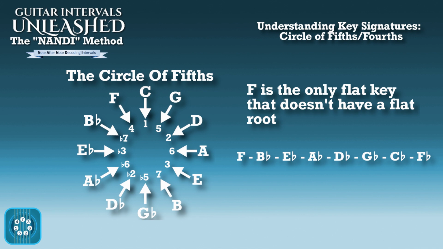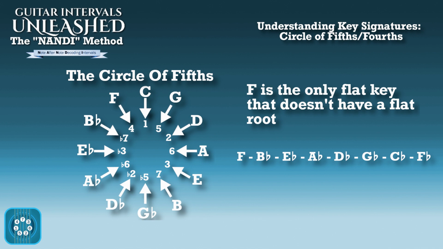So as long as you remember that F is the only one that doesn't have a flat in the name, then just remember the order of the natural notes that we've done in another video and flat them all. In our other videos we've established that the mnemonic "Bacon, eggs, and donuts gain calories fat" is a good way to remember that: B, E, A, D, G, C, F. So a natural F followed by B flat, E flat, A flat, D flat, G flat, C flat, and F flat.